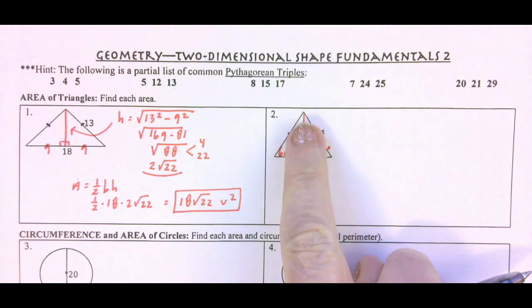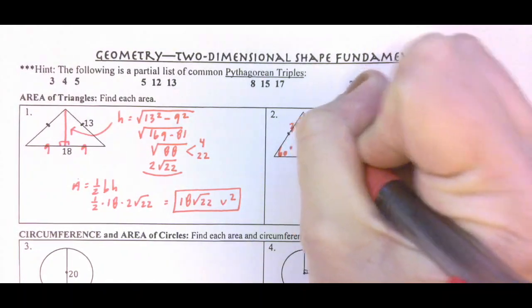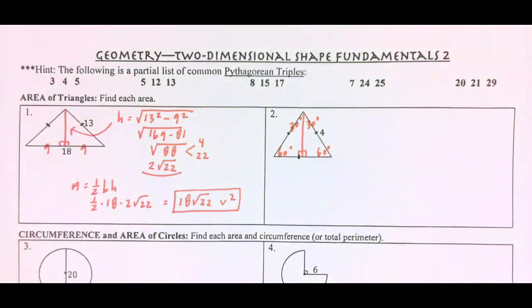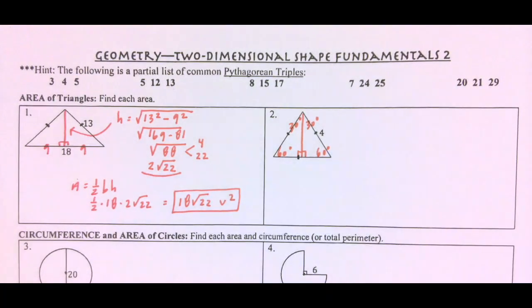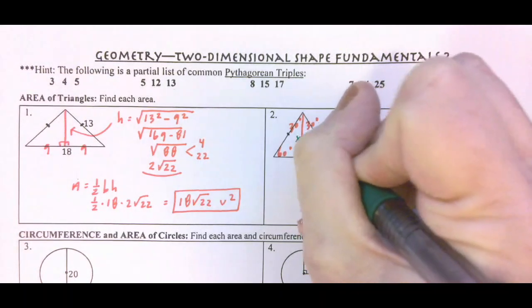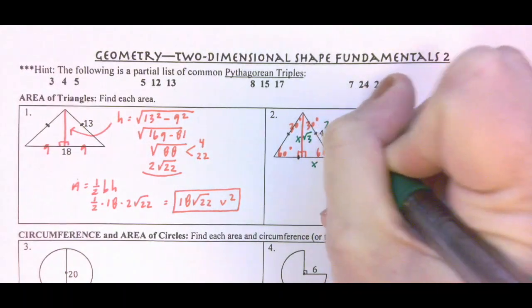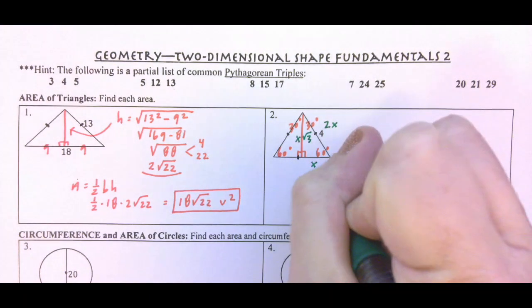This 60-degree angle gets bisected, so there's a 30-degree measure here and here. So remember that your short leg is the x, your longer leg is the x root 3, and the hypotenuse is the 2x. So if my 2x side is 4, then my short leg is 2.